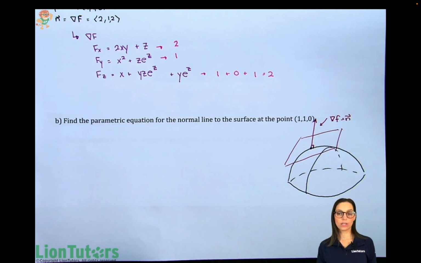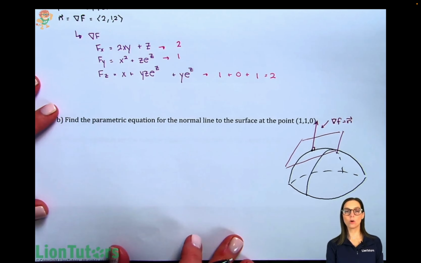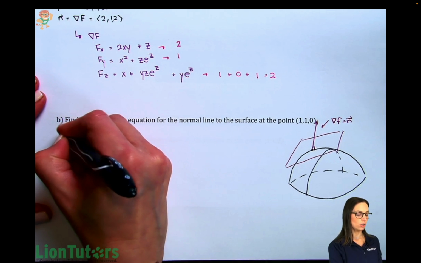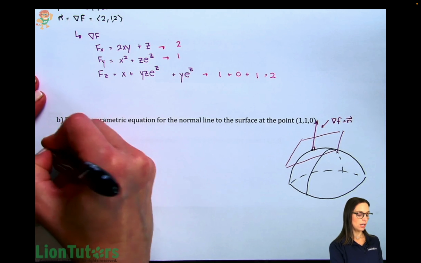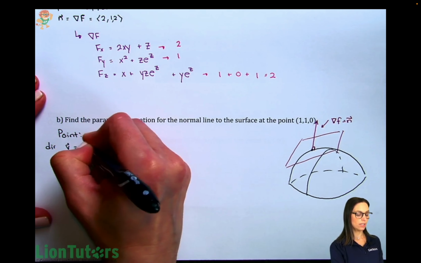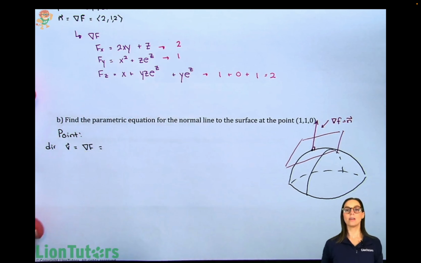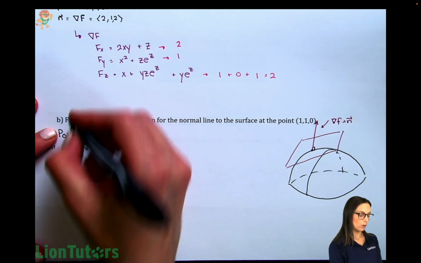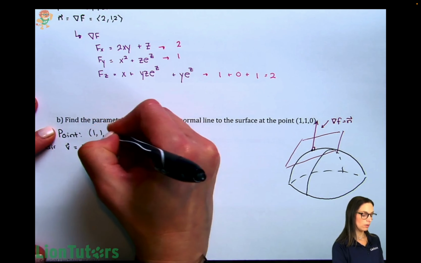Okay, so to break that down, flashback to chapter 12: anytime you want to find an equation of a line, what two things do you need? You need a point on the line, and you need the direction vector of the line. And what we're saying here is that the gradient of f at that point is the direction vector of our normal line. All right, so our point is 1, 1, 0.